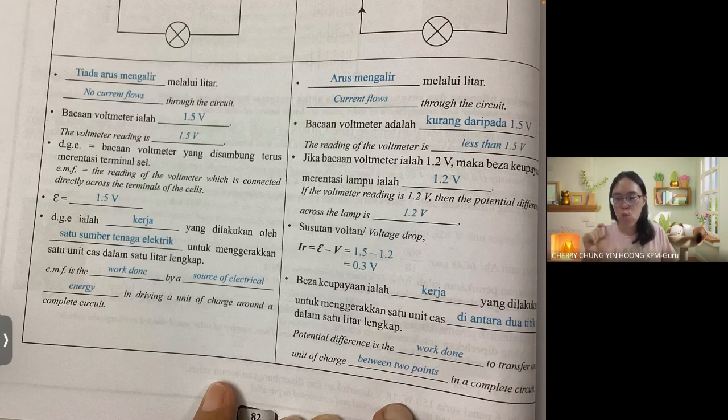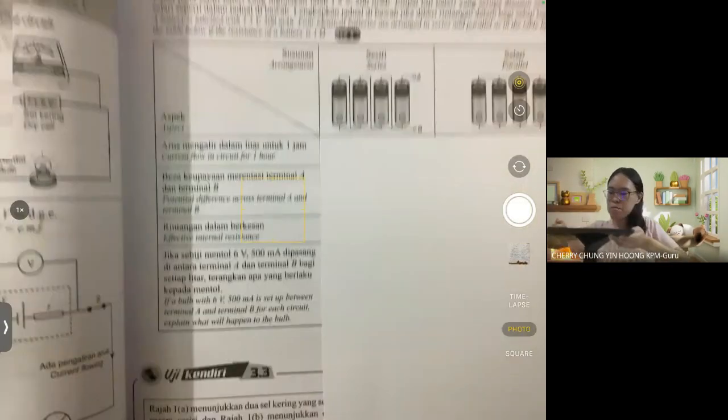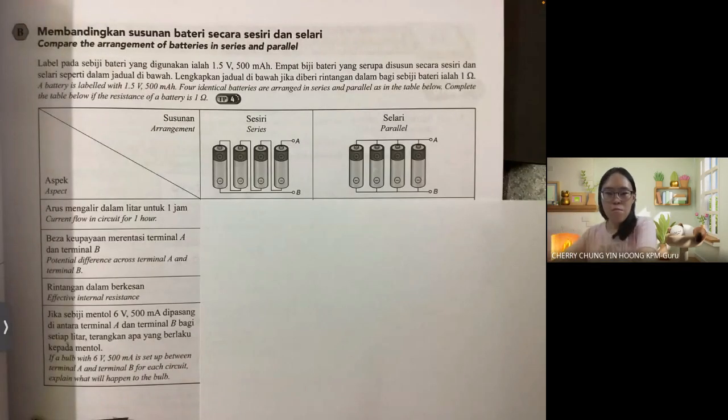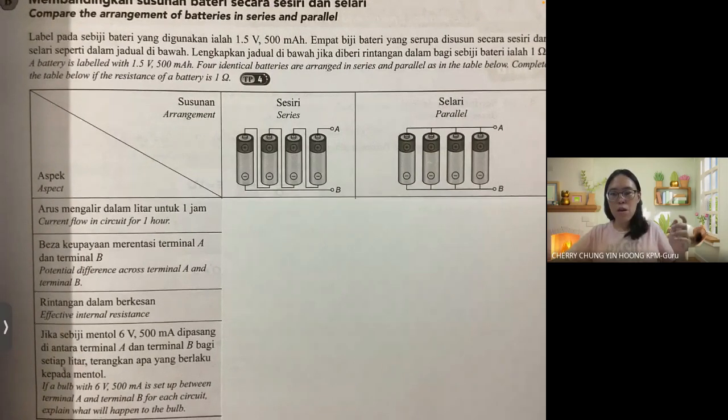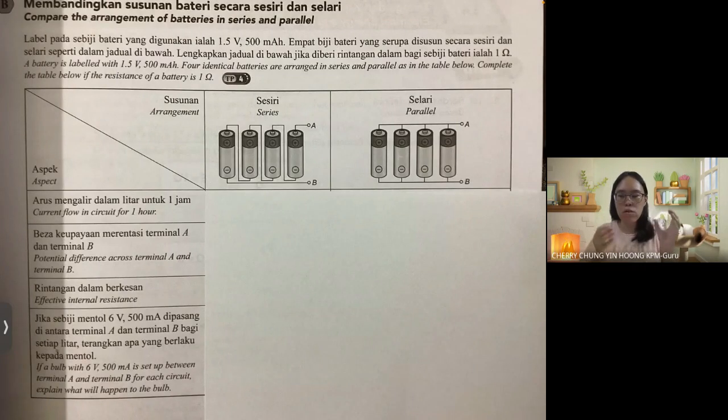Please help me to identify the current, the potential differences, and the effective internal resistance in both series and parallel circuit.